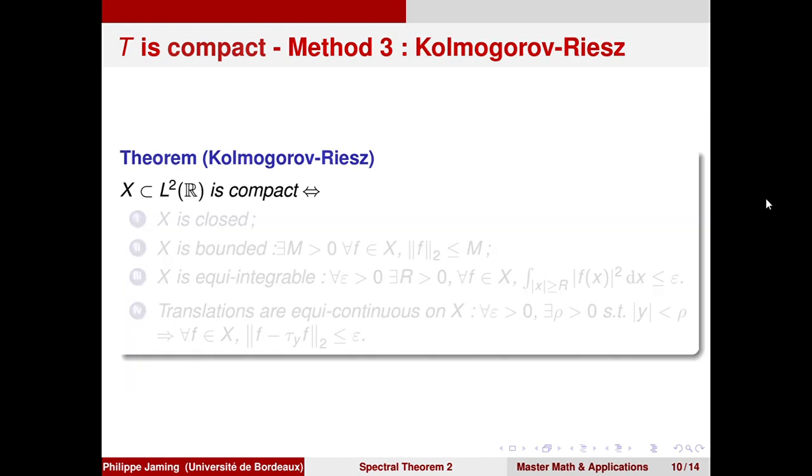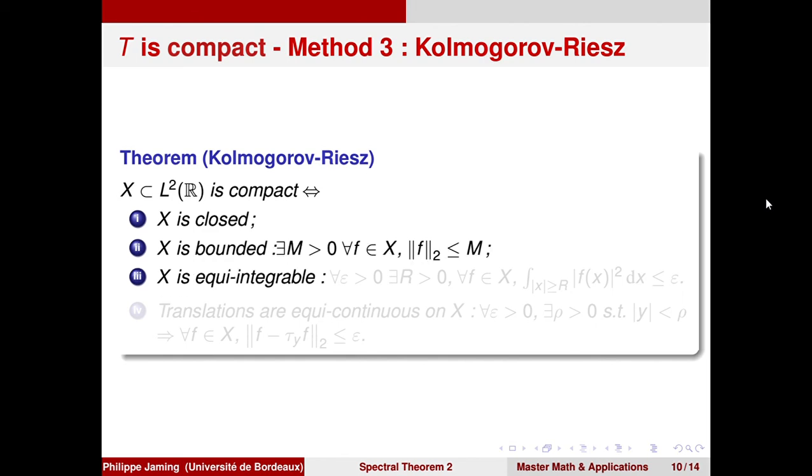Of course, we could also have used L2 compactness directly through the Kolmogorov-Riesz theorem. Recall that we have seen that a set is compact in L2 of R if and only if it is closed, bounded, and equi-integrable. That means that for every epsilon positive, there exists R strictly positive such that for all F in X, the tail of the integral of mod F squared is less than epsilon.